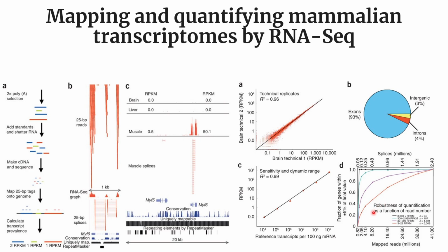When they quantify this data, they look at quantification as a function of read number, that is, whether they are able to produce reproducible results in terms of the number of reads.